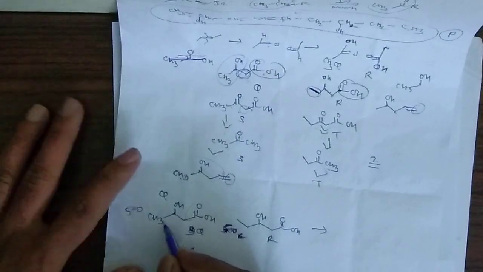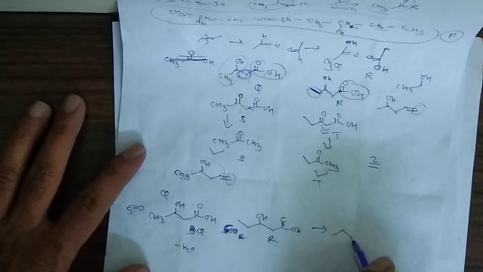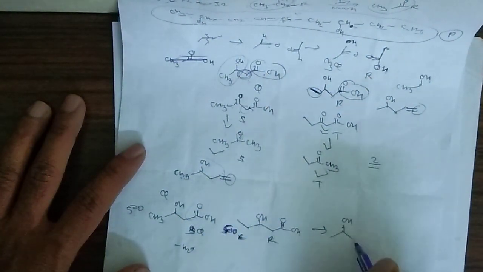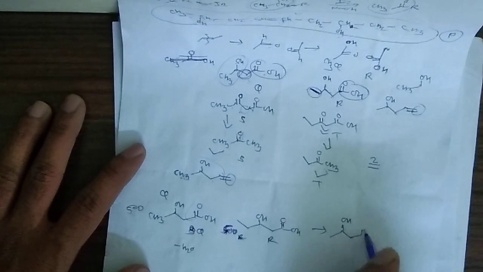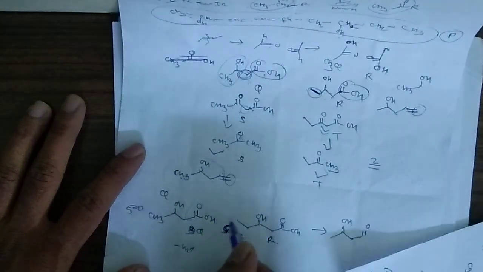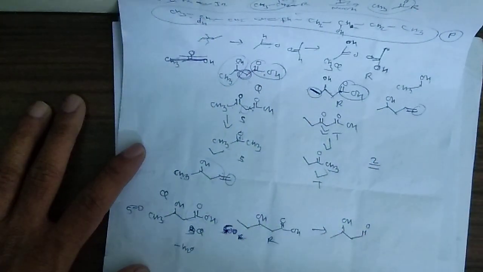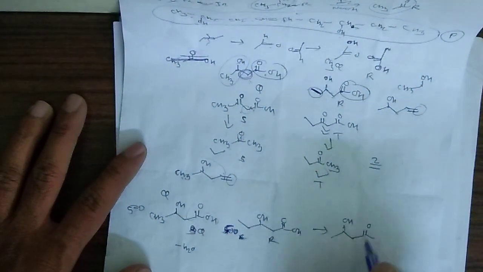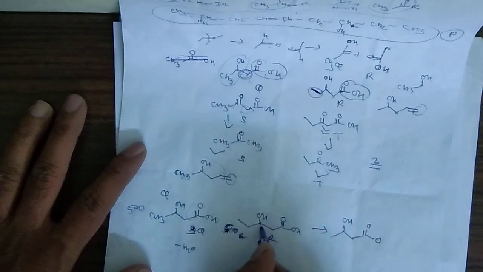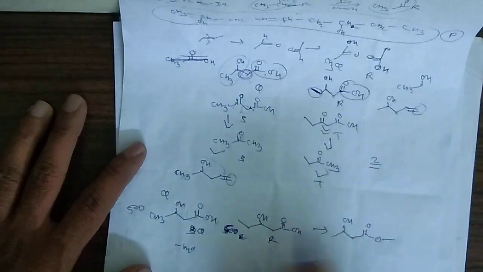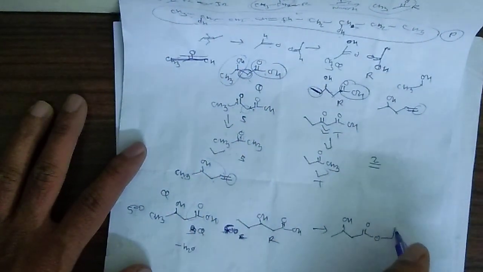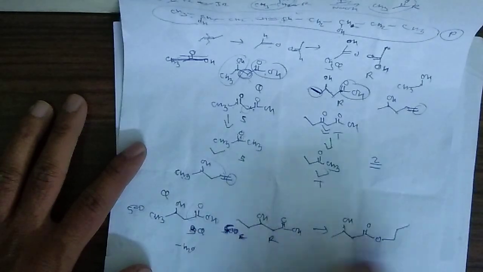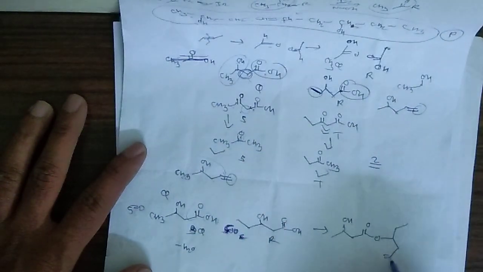So I am writing here, suppose this is our Q, OH remains here, double bond O, and the OH from the alcohol and H from the acid come out. So here O, and it is connected with that carbon.